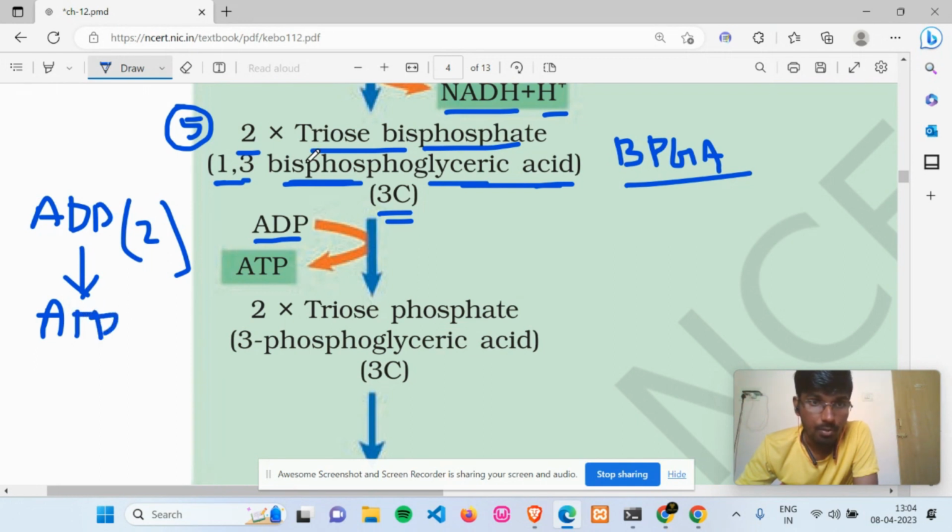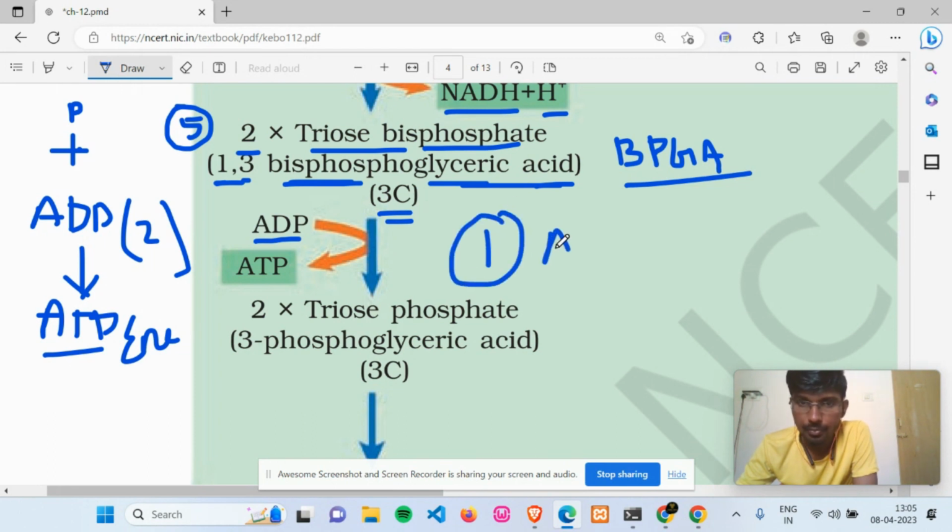One phosphate is getting added, and we are forming adenosine triphosphate, which is an energy. So here one ATP is formed. We have to note the step: ATP is formed.